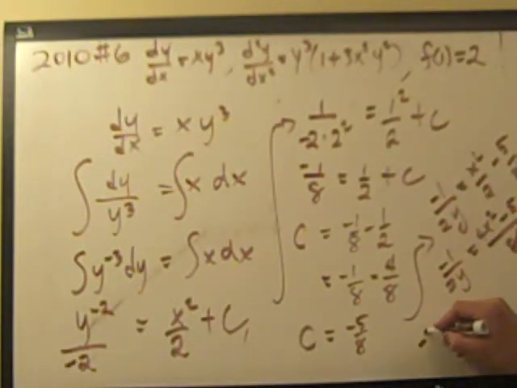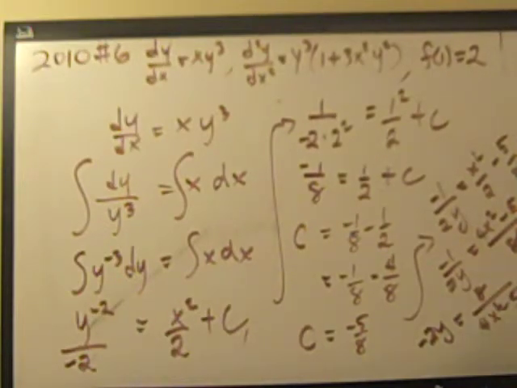We end up with negative 2y squared is equal to 8 over 4x squared minus 5. And we can say y squared is equal to negative 4 over 4x squared minus 5. So that's my final answer.